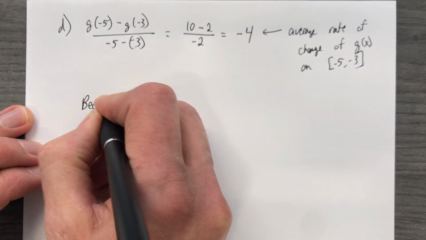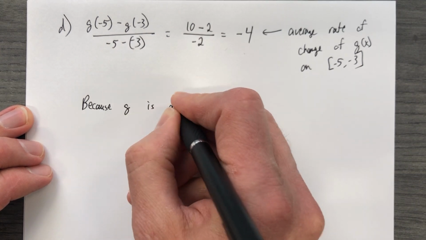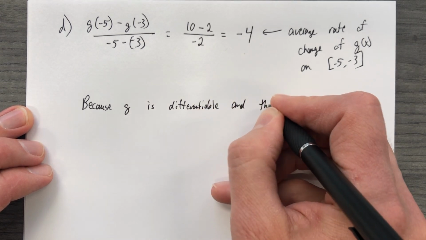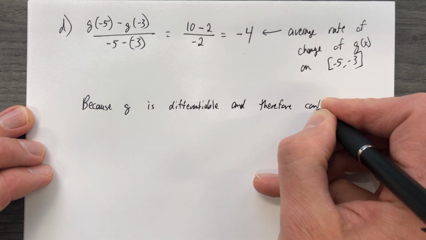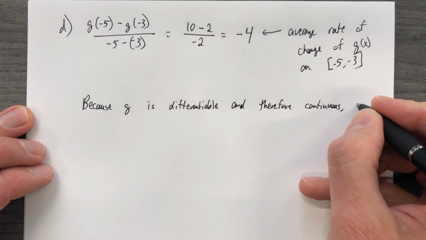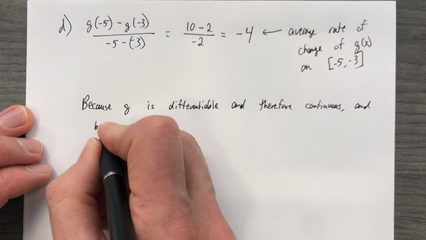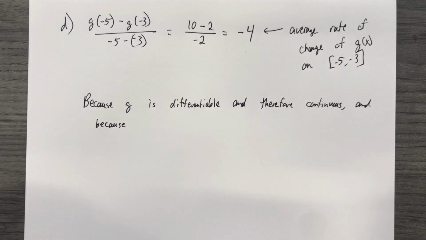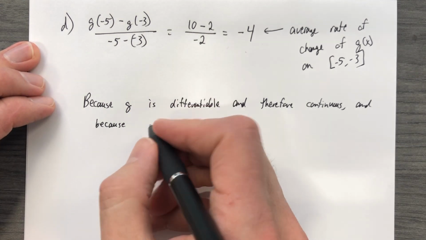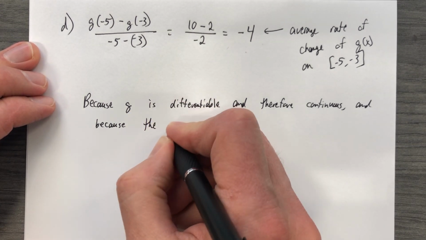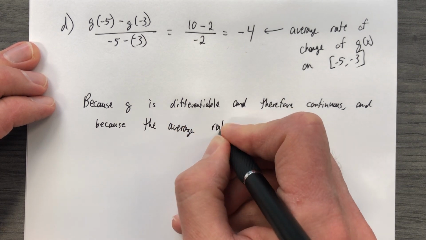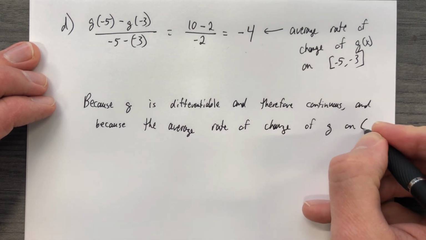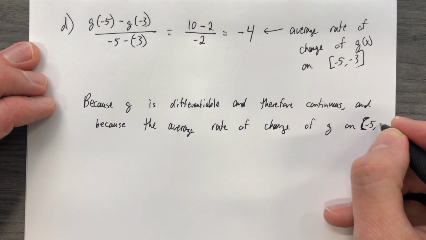Because g is differentiable and therefore continuous, and because the average rate of change of g on the interval from -5 to -3, whoa, that's an ugly way of writing it, isn't it?